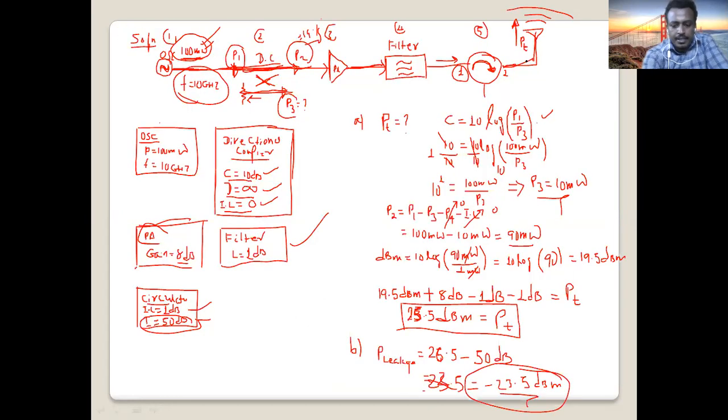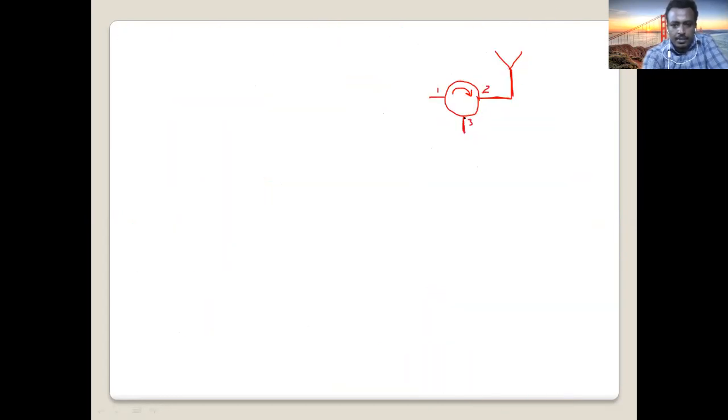Then the mixer, the down converter mixer. As you can see in the diagram, there is a mixer here and a filter here. Then we have the receiver, this is our RX. This is our filter.